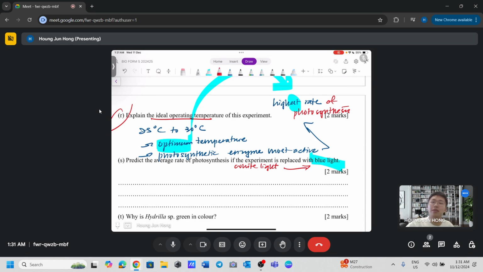Yes, it's definitely better because if you remember, blue light is easily absorbed by the plant. So first of all, predict the average rate of photosynthesis. It is predicted to be a number, which should be estimated from your calculation over here.